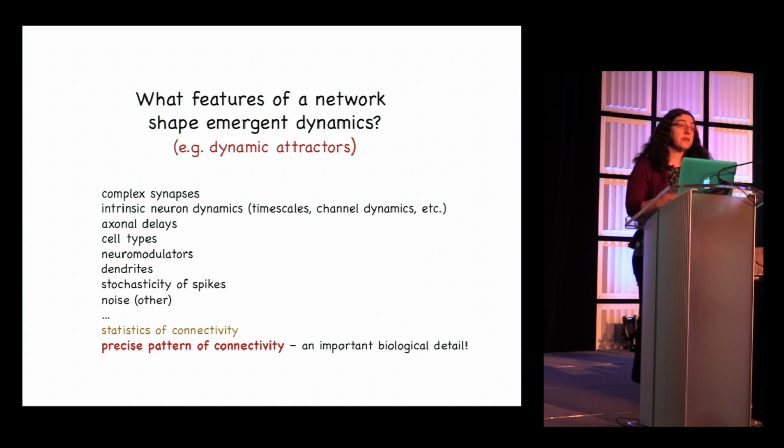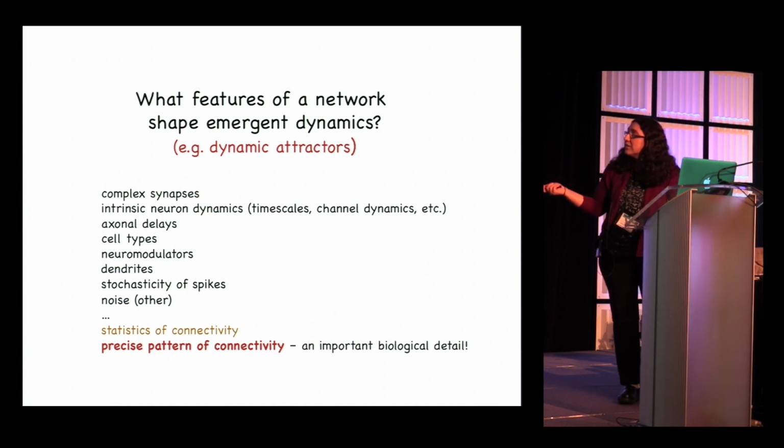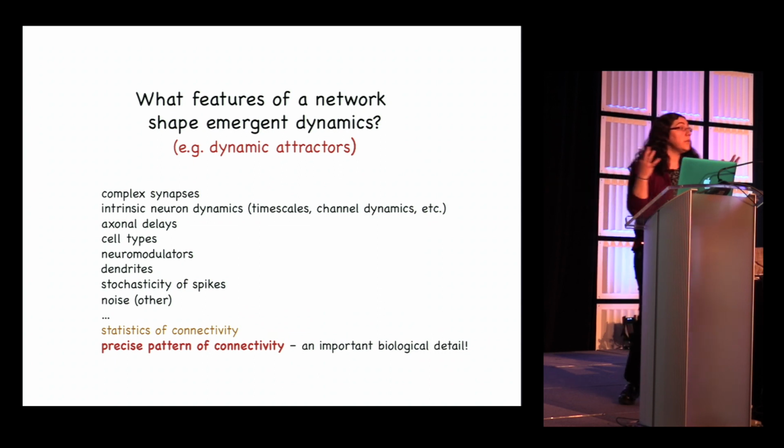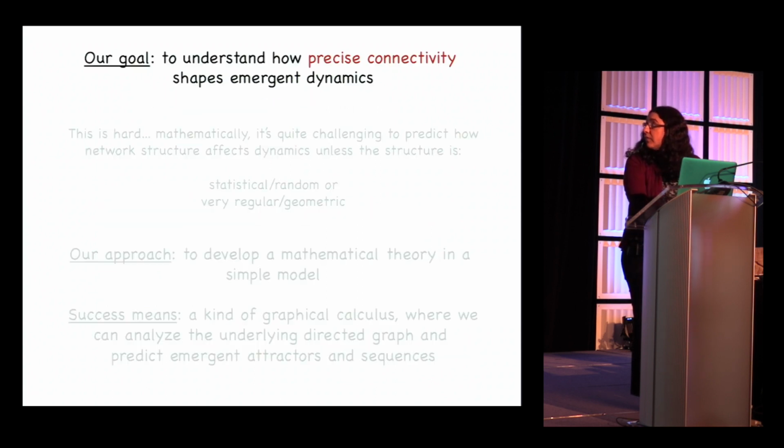It's a kind of geometric pattern. And I would like to understand something in between. What if you really have complicated connectivity that is neither extreme? It's neither highly structured nor random. What can we say in those cases, and how is it going to be shaping the emergent dynamics? That's the goal, to understand how precise connectivity shapes emergent dynamics.